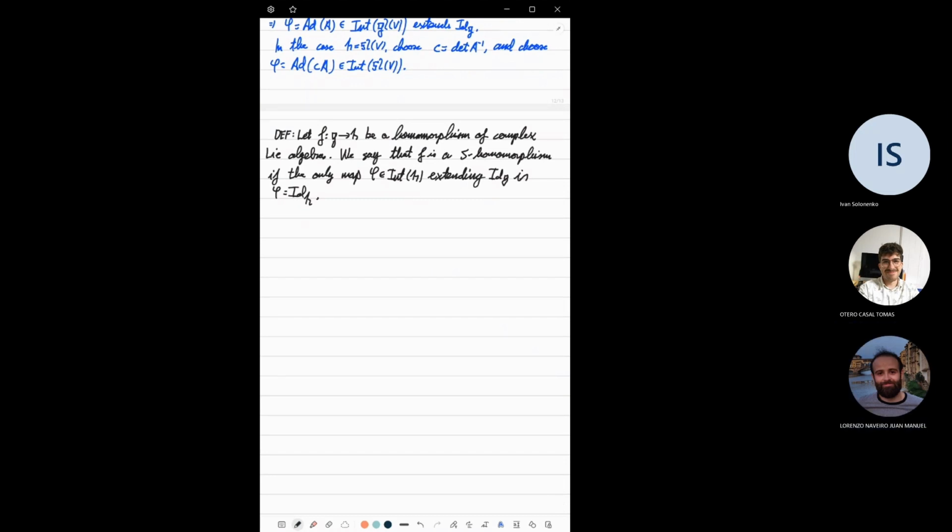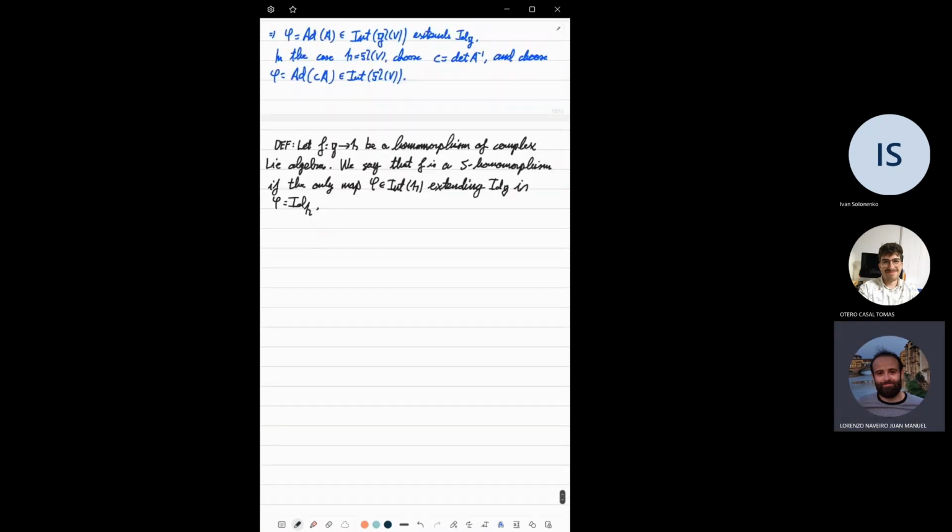Okay, so for now, the first consequence that we can see is this. Recall from the previous session that we can always extend inner automorphisms.